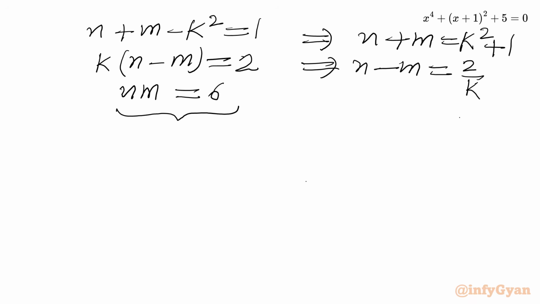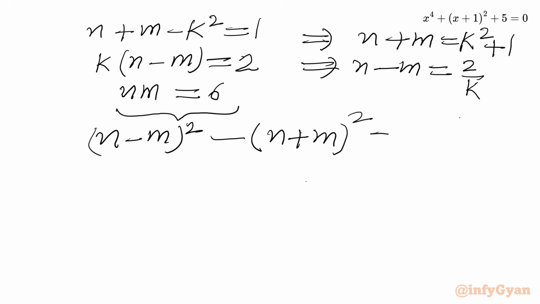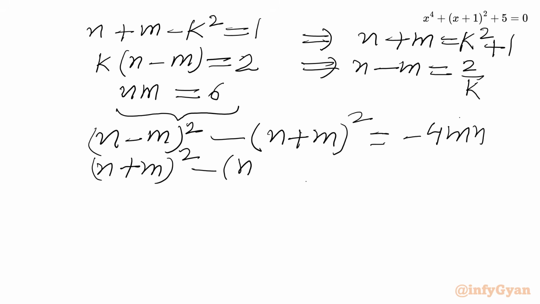I will use one popular and powerful algebraic identity, which is n minus m whole square minus n plus m whole square equal to minus 4mn. Here we have minus 2mn, here we have minus 2mn, so minus 4mn, or we can write n plus m whole square minus n minus m whole square equal to 4mn.